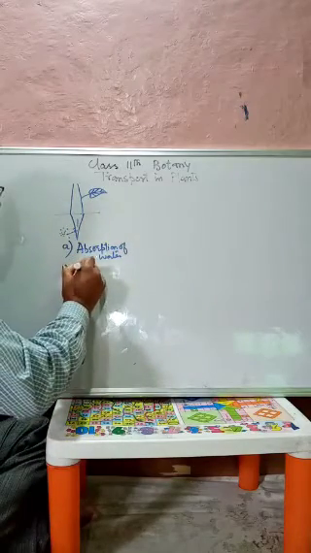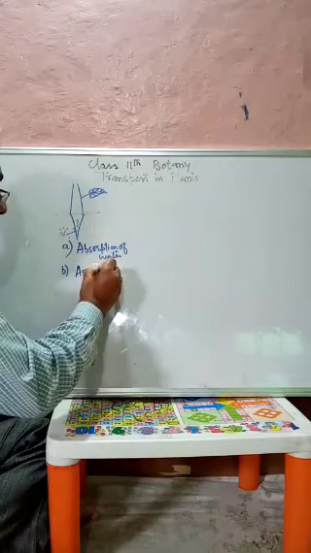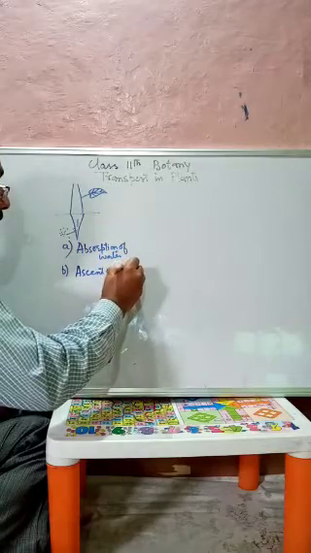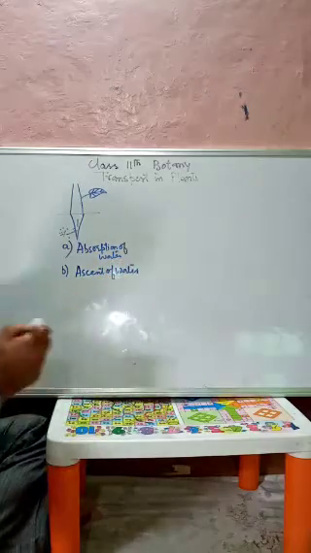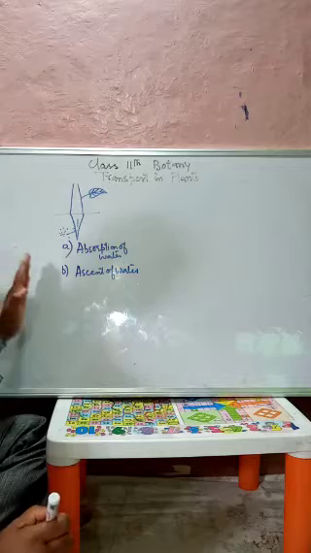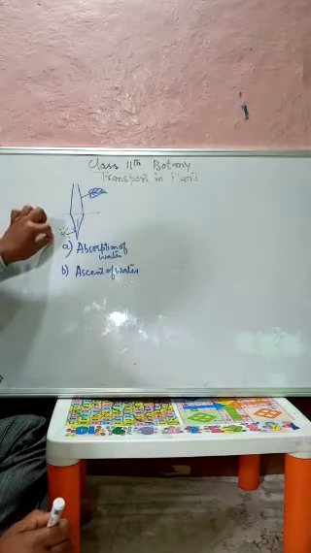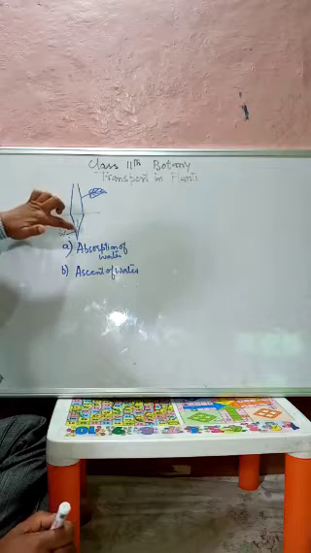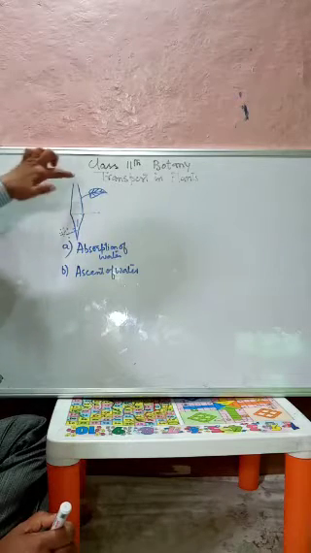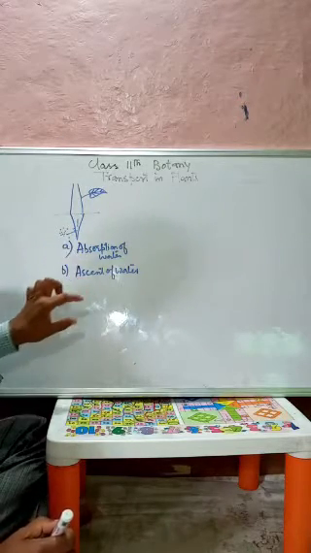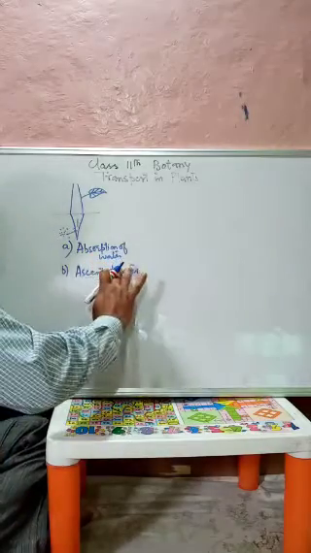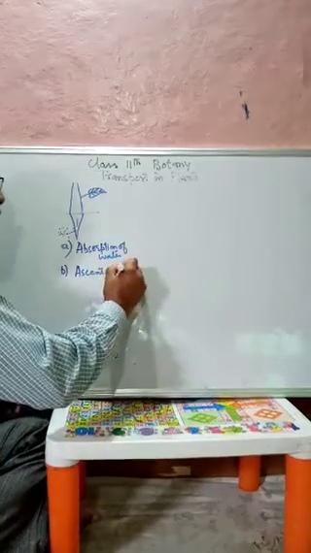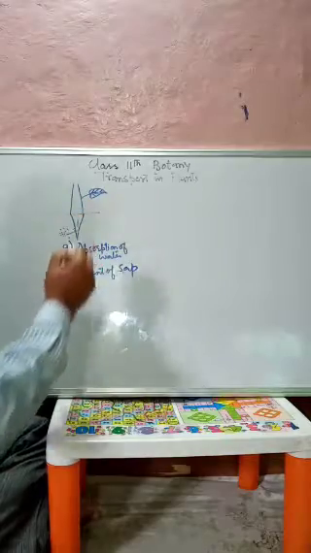That is called the ascent of sap. So we have two main processes in this.